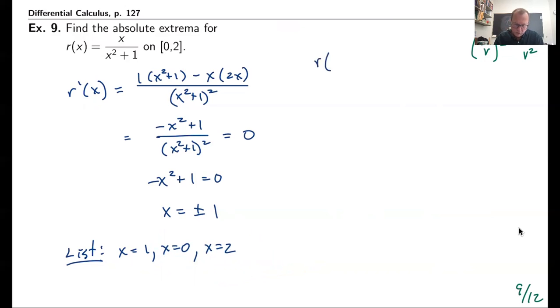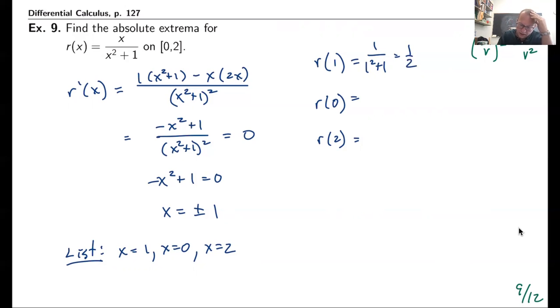But you will check R of 1, R of 0, and R of 2, and see what you end up with on those. All right. So for R of 1, we're just plugging into the original, and you'll have 1 over 1 squared plus 1, so you just get 1/2.